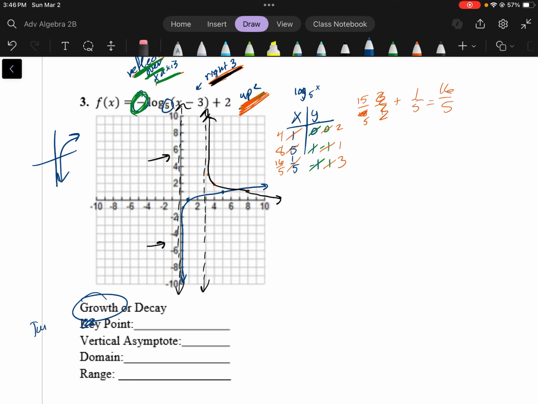So our turning point would now be at 4, 2. Our vertical asymptote now is at x equals 3. The domain is based off of this vertical asymptote, so that's going to be 3, infinity. And then the range is everything.